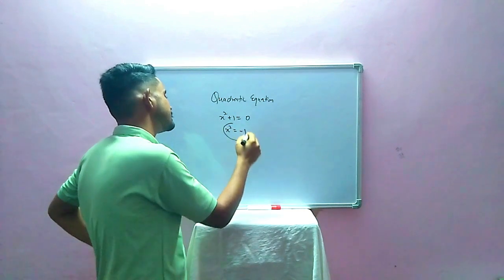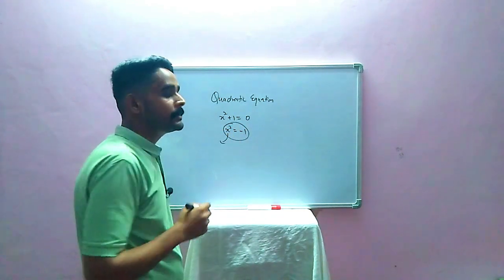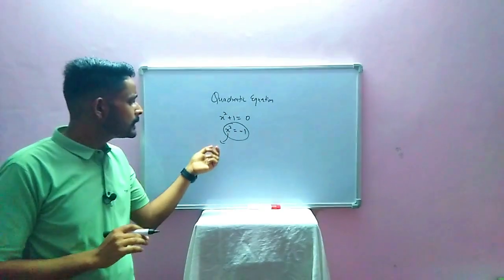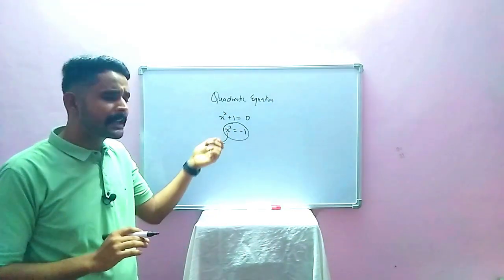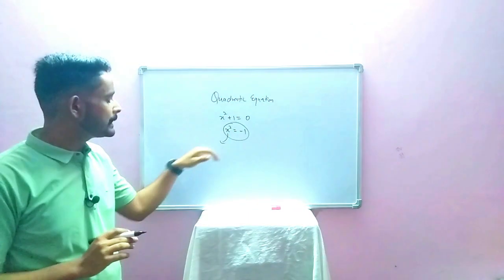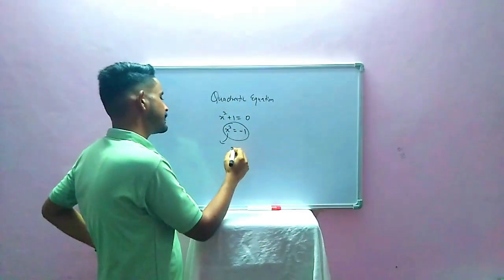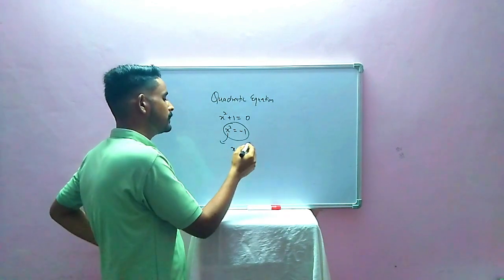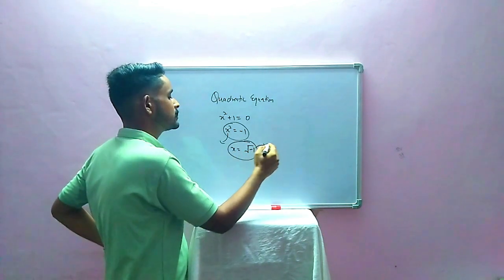Now this case arises when we put any real value of x, because any real value of x square is never negative. So in this case, x is equal to under root minus 1. So we call it an imaginary number.